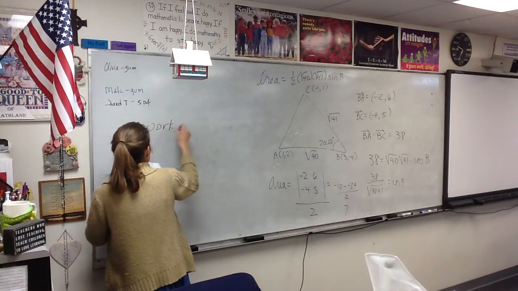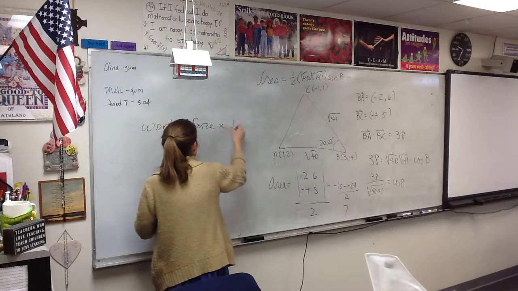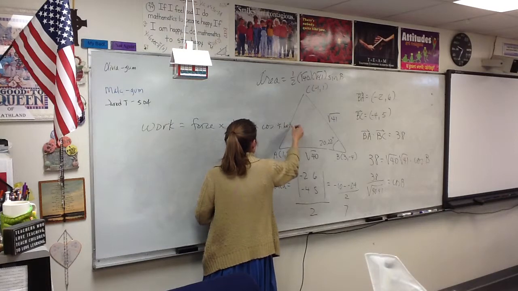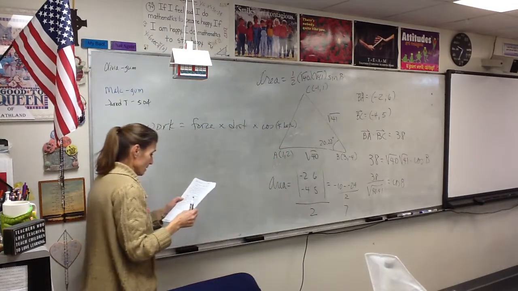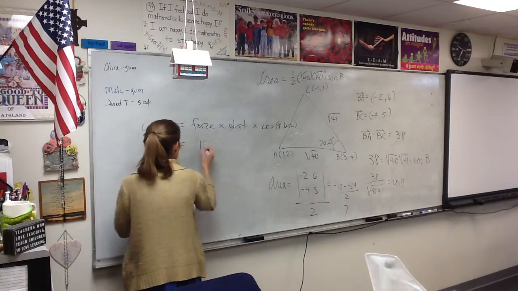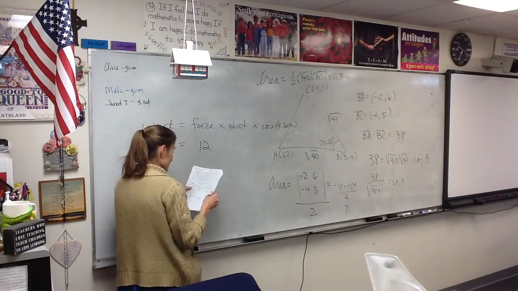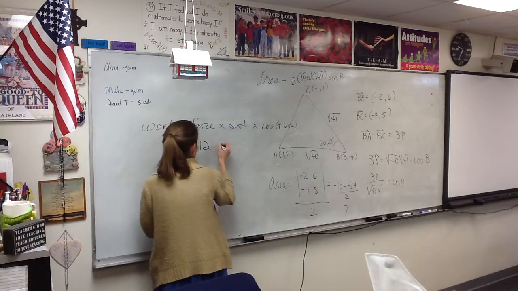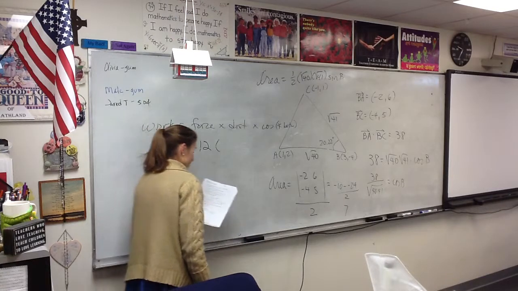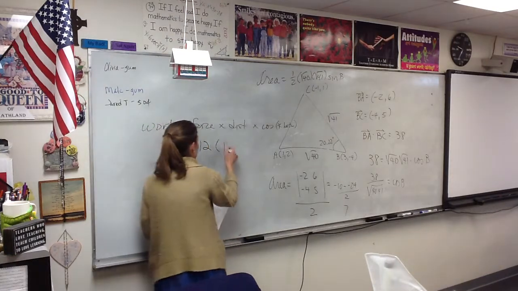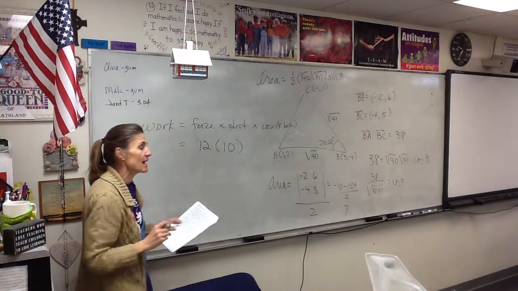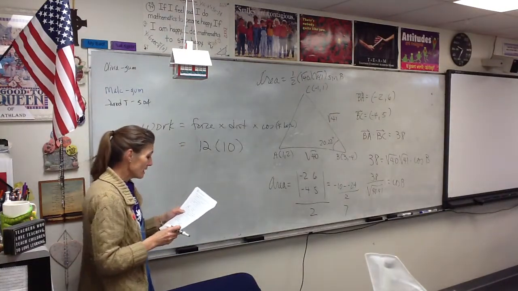Work is going to be force times distance times cosine of angle between. So what's our force? Our force is 12. What's our distance? 10. Come on, guys, read the problem. It says 0, 0 to 10, 0. That's a distance of 10.